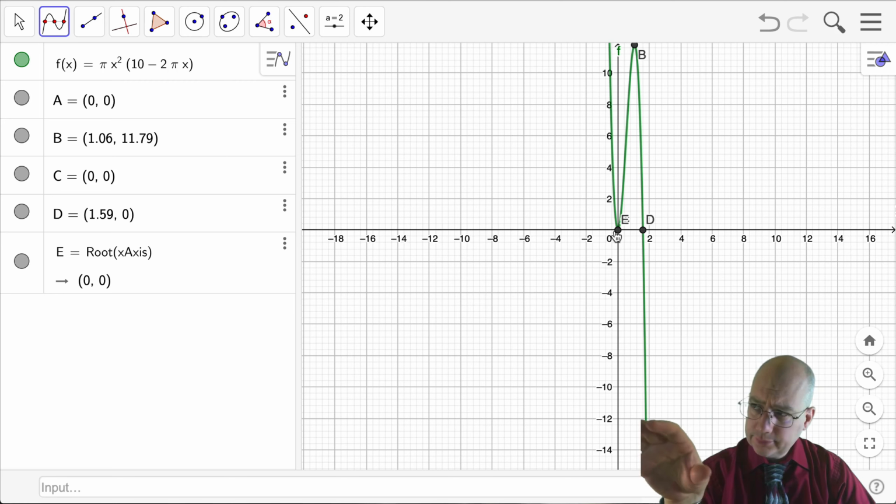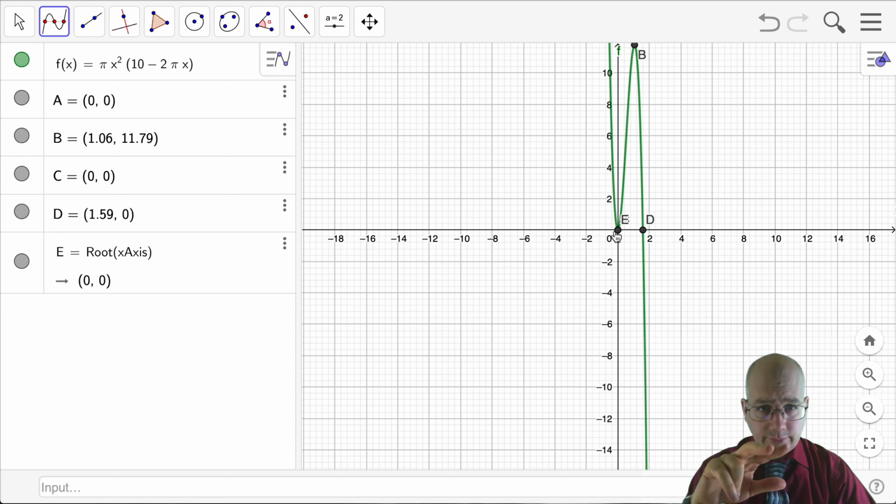There are a couple of rules, like between any two zeros, there should be a max or a min. Basically, the graph has to turn around to get back to 0, right? That's sort of one setup.